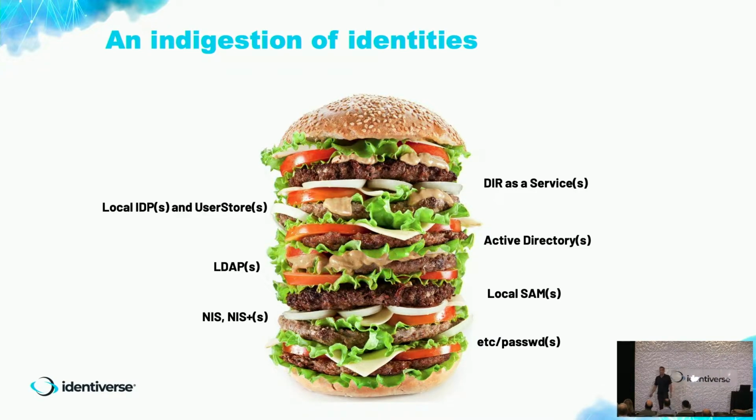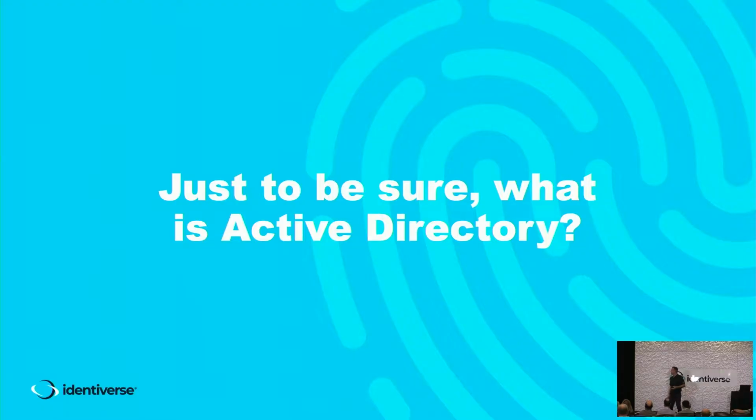For sure, you are using AD or ADs, because honestly, a lot of organizations are using multiple forests and multiple domains. Perhaps they went through mergers and acquisitions, and they still have a lot of different forests in their organization. And if you start to use the cloud, you have a cloud directory. So as you can imagine, it's really difficult to manage all these different layers.